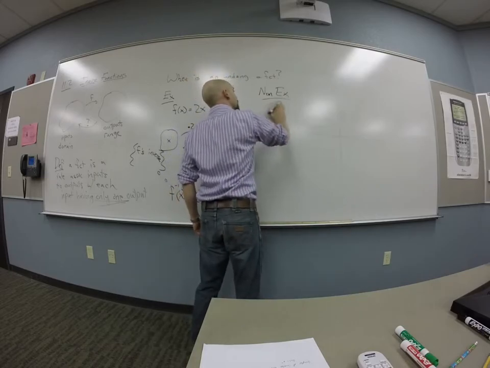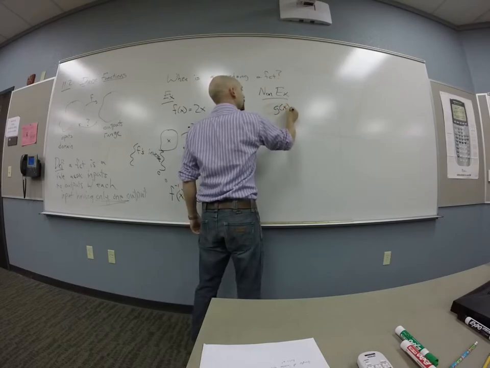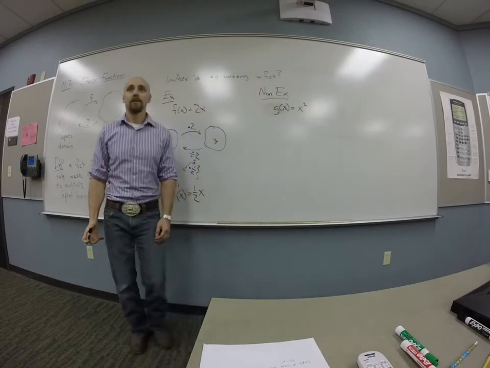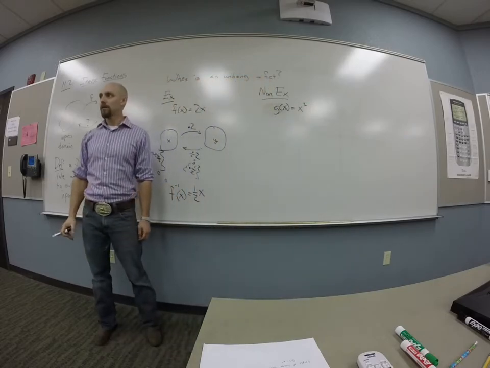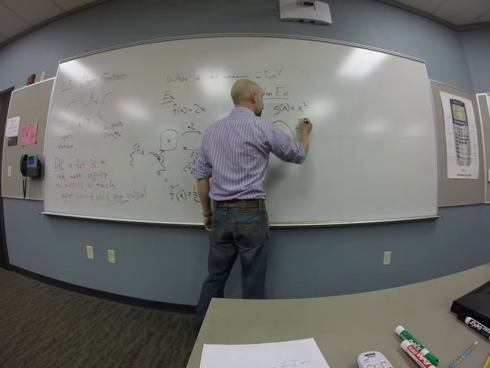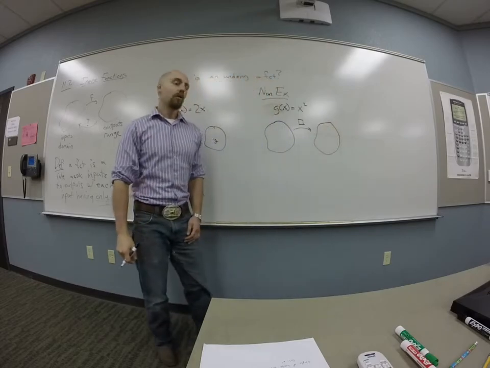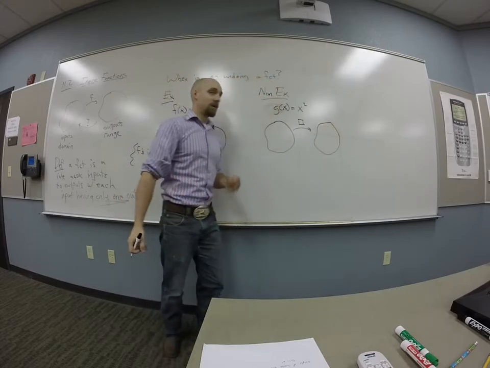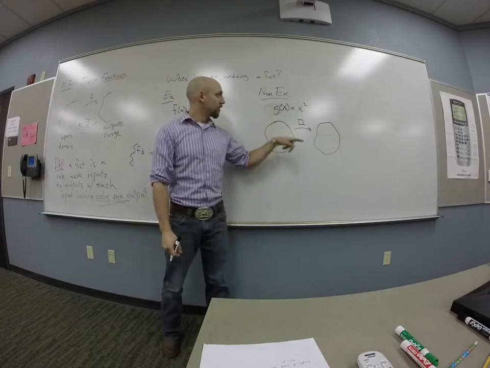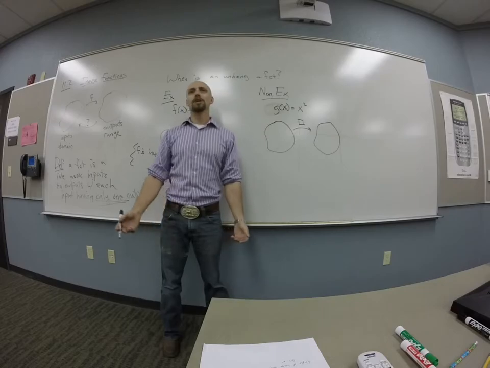If I talk about, say, g of x is x squared, right? So I've got kind of my blob. My rule is square things. What's the domain for squaring? What numbers can I square?